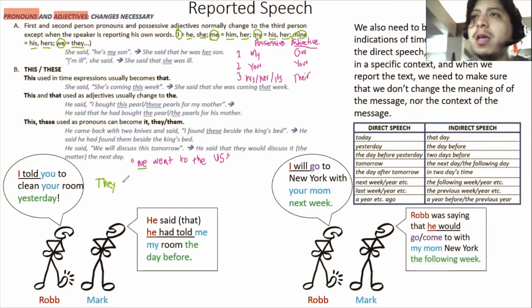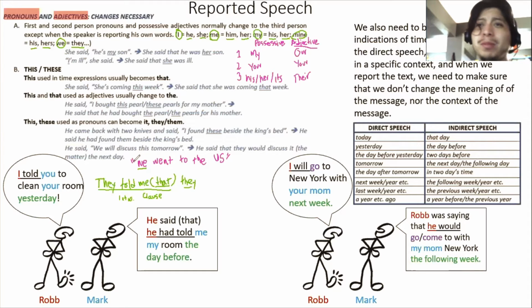So they told me that, again, all of this is the introduction clause. We have different clauses that you can use. They told me that, again, we don't say we, we say they, because these people are plural, but I am not included.